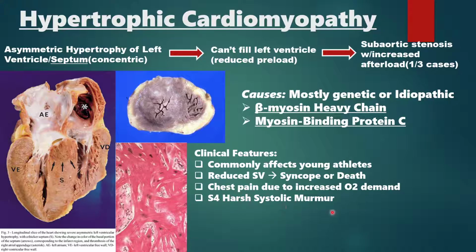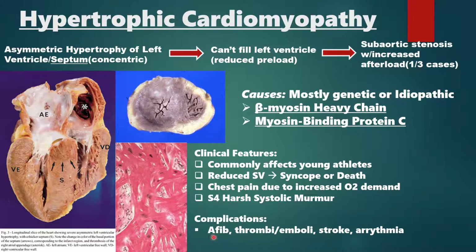And you're going to have an S4 systolic murmur, because remember, an S4 is when the atria are trying to contract into these thickened, non-compliant ventricles. And so you can have atrial fibrillation because the atria are trying to contract and they can't, so they'll start freaking out. You can have thrombi and emboli that form, and again, this can cause stroke and arrhythmias.